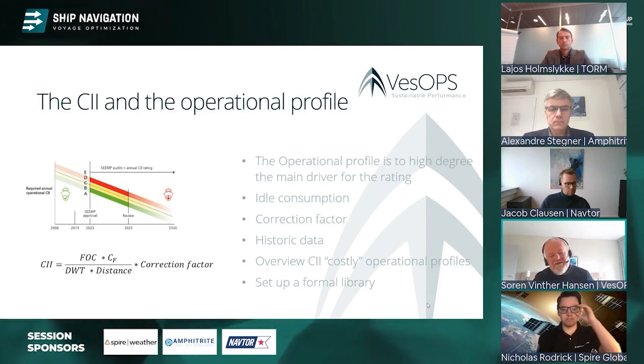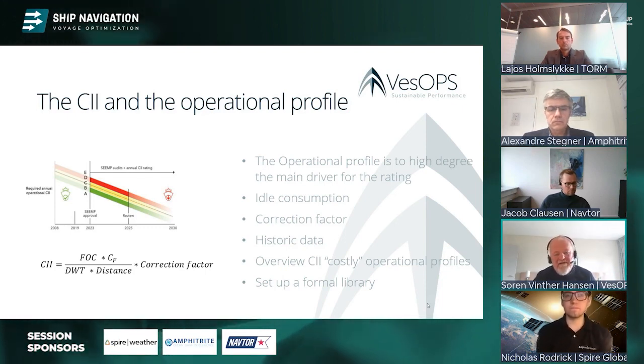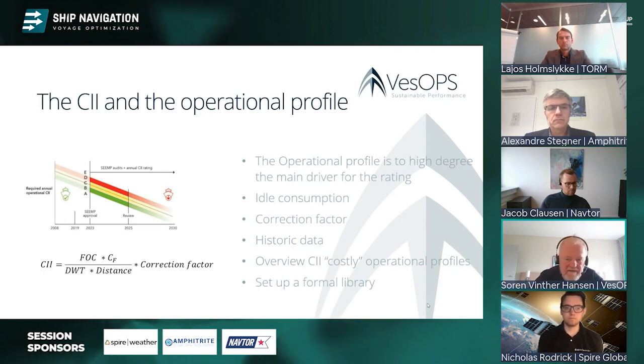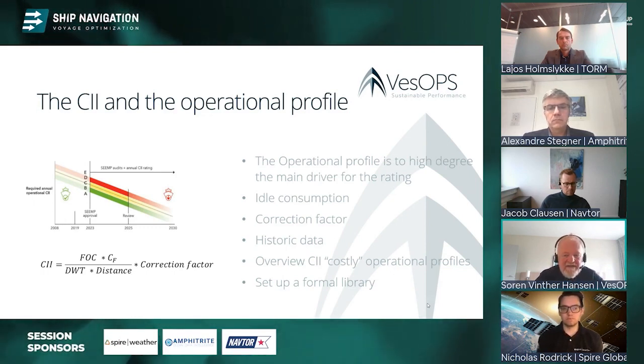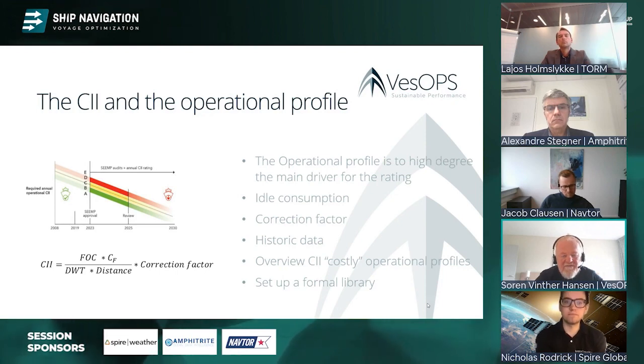We have some correction factors involved. So if you have CII heavy operations with your vessel, it could be a container vessel with a lot of reefers. It could be a gas carrier that cools a lot on the cargo, or any other special factors for a vessel. You can deduct some of it in the CII rating.